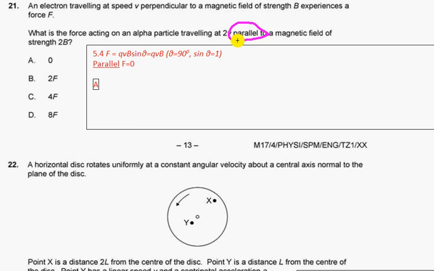Very, very complicated, but this parallel kills everything. So section 5.4, F equals QvB sine theta. So if theta equals 90, sine equals 1, but if theta equals 0, sine equals 0. So for parallel we have 0, which is answer A.